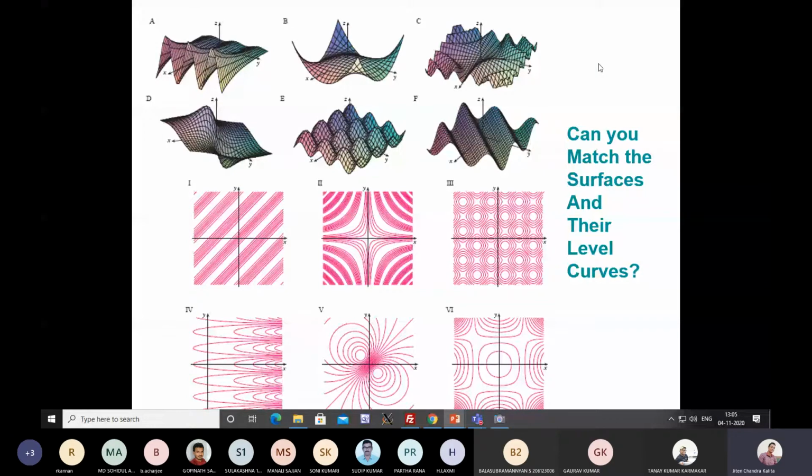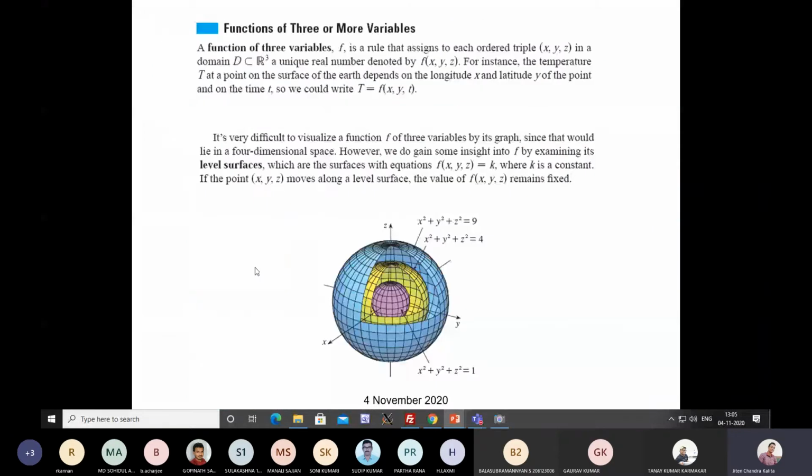So now let me come to functions of 3 or more variables. And as I have told you, like say, if you take the function f of x, y, z equal to x squared plus y squared plus z squared, you cannot plot it, right? But if you assign some constant value to that, it represents the equation of a sphere, right? So then, for different values of that constant, you get spheres of different radii like this.